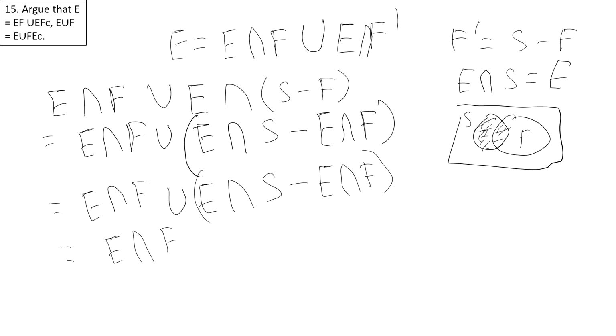So you can do it like this: E intersection F plus this thing, E intersection S, which is E. I will write it in the last part. Then this union minus this E intersection F.